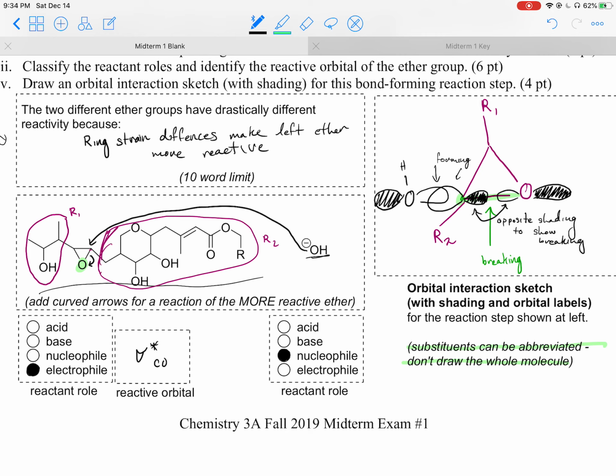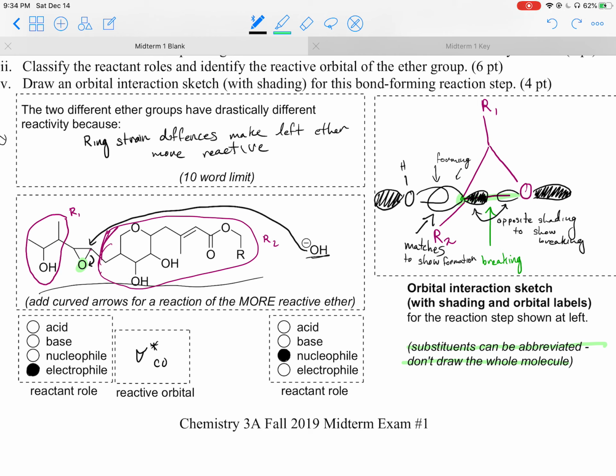So we're showing that this shading between these two lobes matches to show formation, just as these ones over here are opposite shading to show breaking.